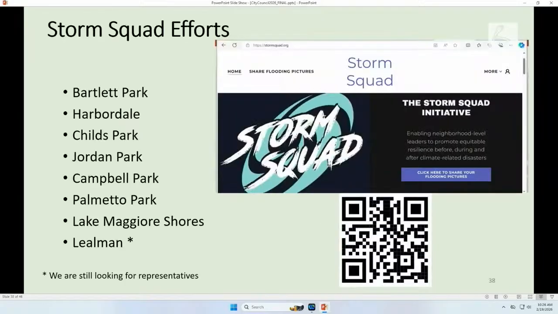Storm Squad is a neighborhood-based resilience initiative currently active in Bartlett Park, Harbordale, Childs Park, Jordan Park, Campbell Park, Palmetto Park, Lake Maggiore Shores, and Lilman. Each of these neighborhoods experience flooding differently, and each contributes differently to this work.